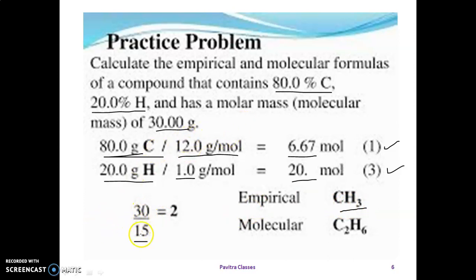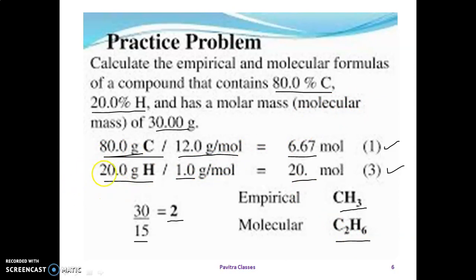So molar mass divided by empirical formula mass, you will get the integer multiple 2. Once you find 2, you take 2 into the empirical formula CH3 and you will get C2H6. This is the molecular formula. So you have calculated the empirical formula as well as the molecular formula of this compound.